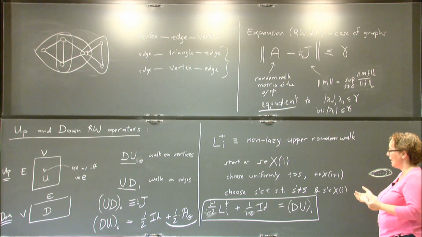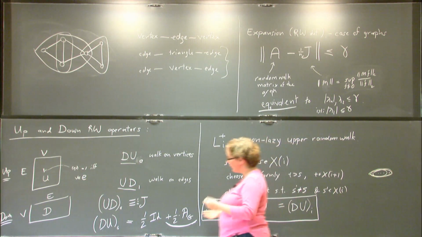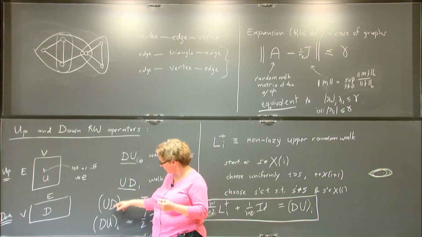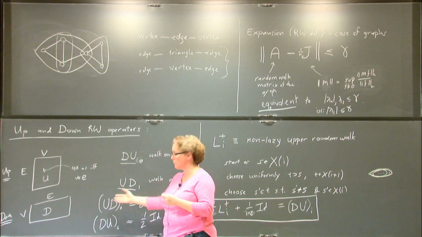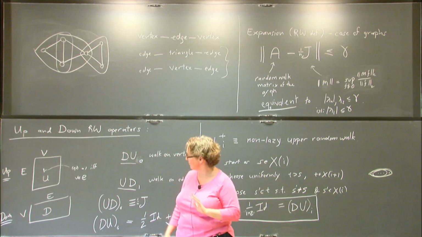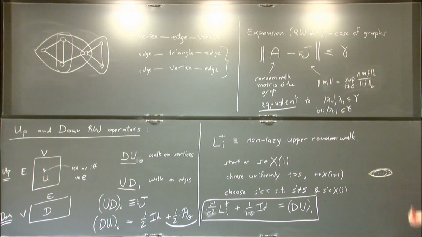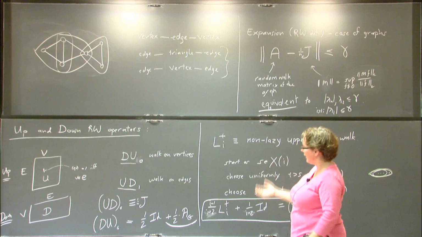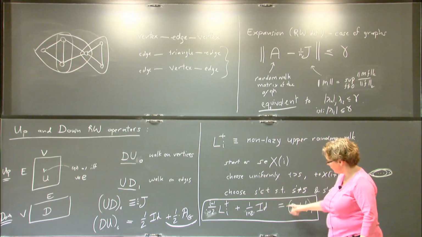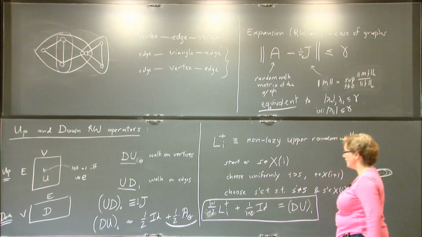It's just that the laziness component in this walk is so small that removing it, we can ignore that. And in the examples that I know, computing it is complicated, so I don't know if it's helpful. Okay, so far we defined the up and the down operator, and we defined the non-lazy, which is important.